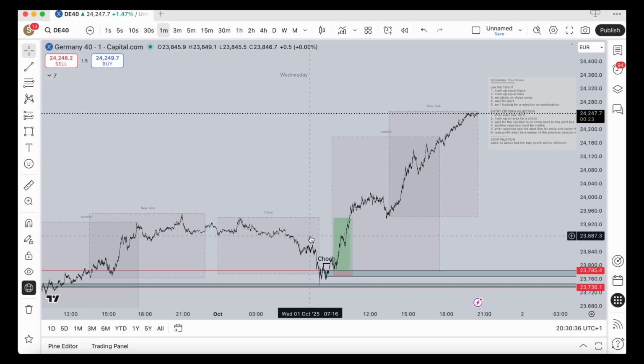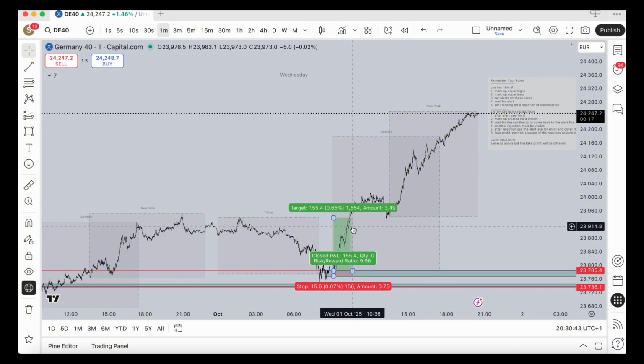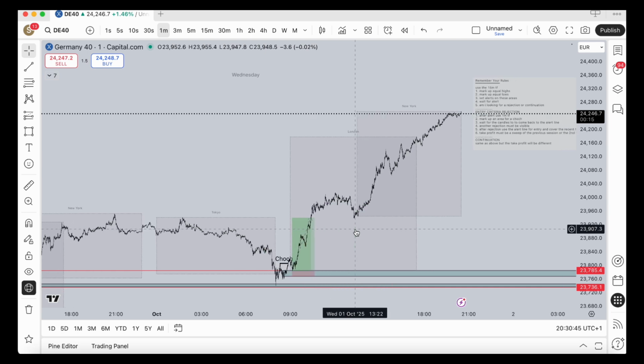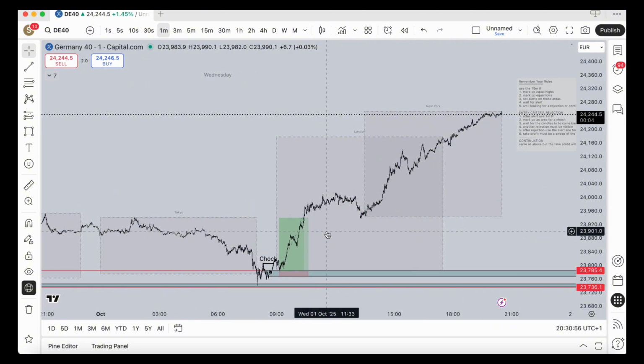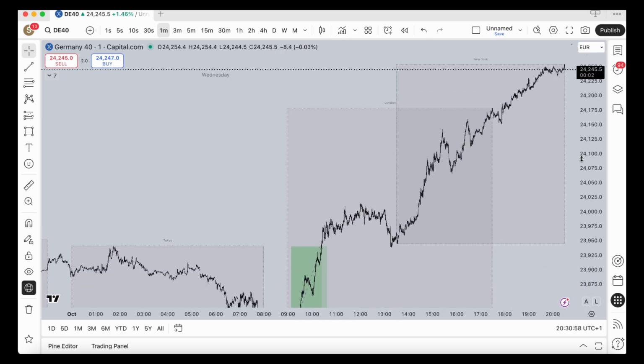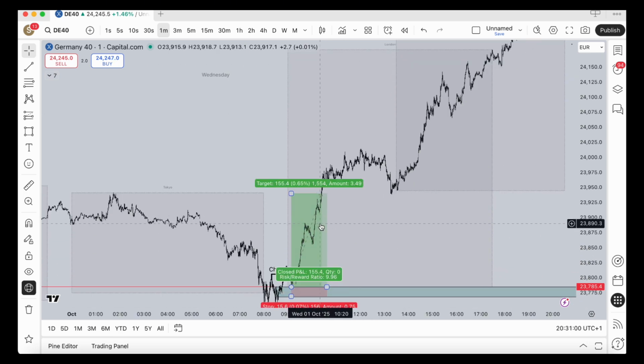I used to go break even, but I think maybe with these bigger trades, maybe when we get to a certain point, if we get a big decent pullback, I might set it halfway through. But this is the thing, I'll end up only taking half of my profits this way.